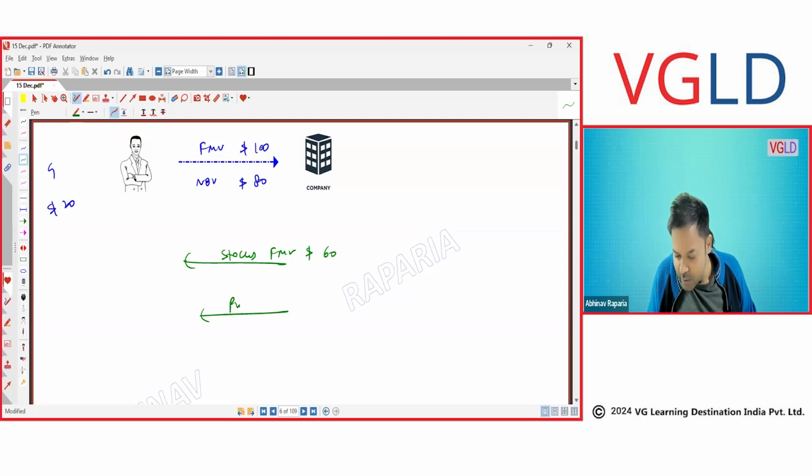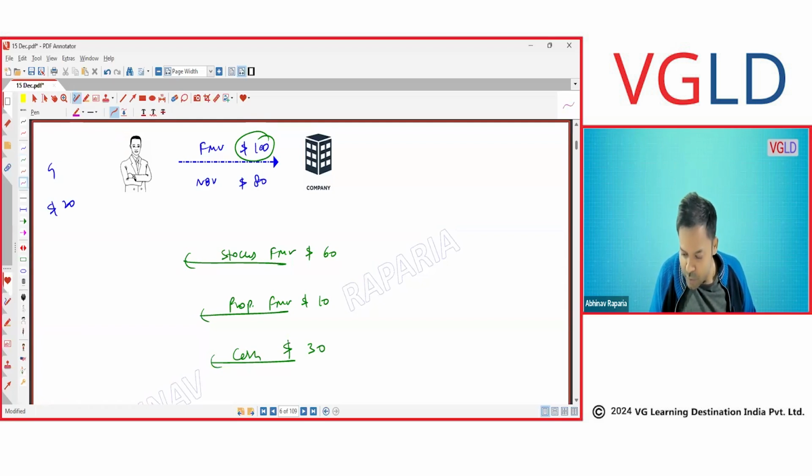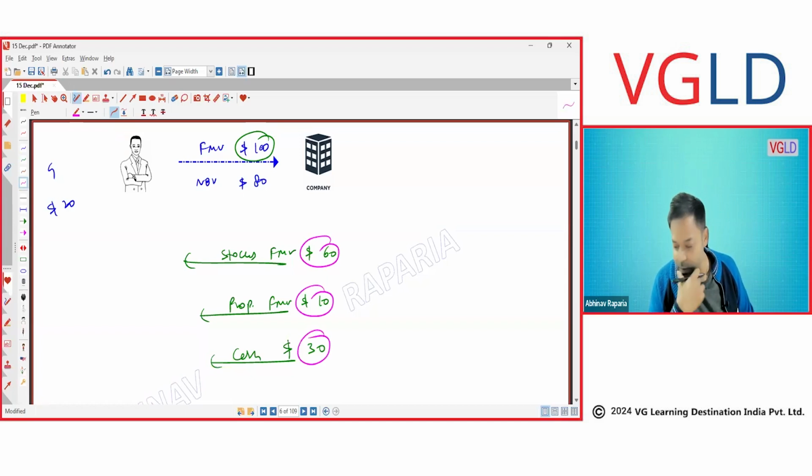Let's say they are also giving you a property for which fair market value is 10. How much more cash do you need, guys? Just 10? No, no, 30. You look at the fair market value, not the net book value. I should get the worth of my money. So you will get the 30. Now the transaction is equal.